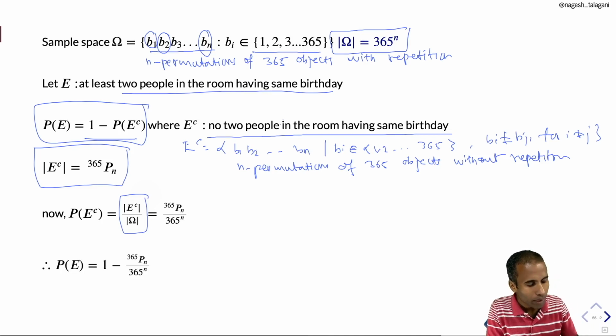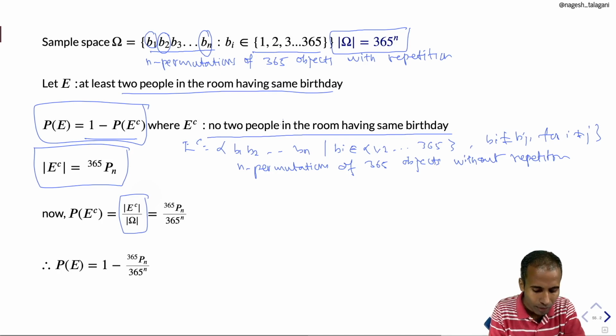Now the probability of E is 1 minus 365 Pn by 365 to the power of n. Therefore, the probability of at least 2 people in a room of n people having the same birthday is 1 minus 365 Pn by 365 to the power of n. This is the probability.